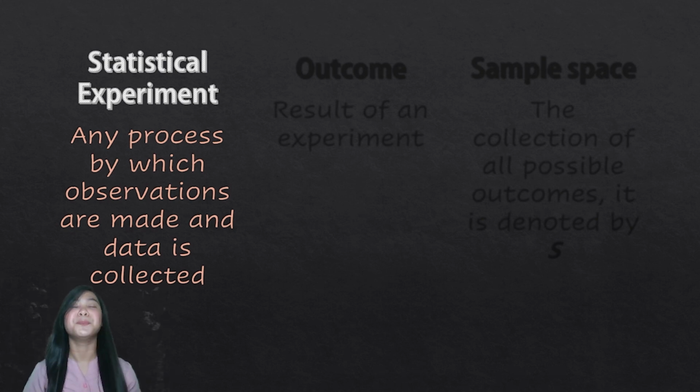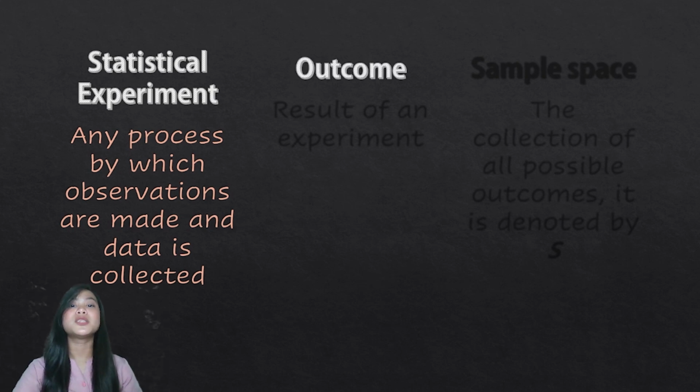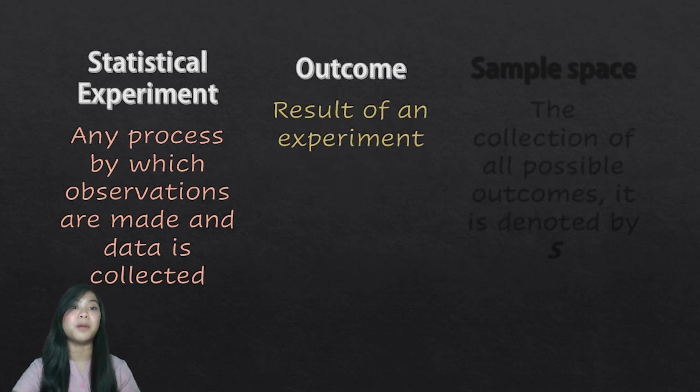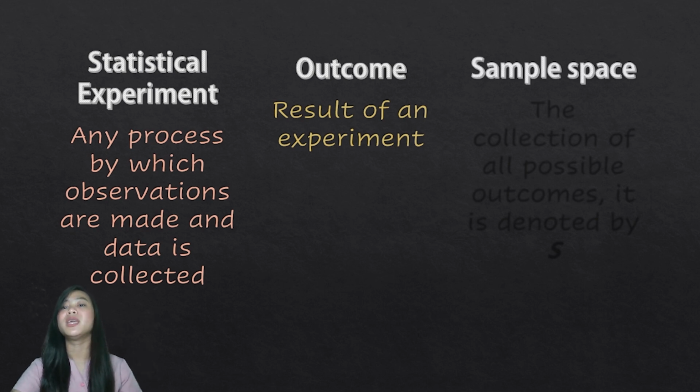So we have a study or experiment wherein we observe and then there is an outcome, and we collect the data. I said outcome. What is this outcome? The outcome is the result of our statistical experiment.